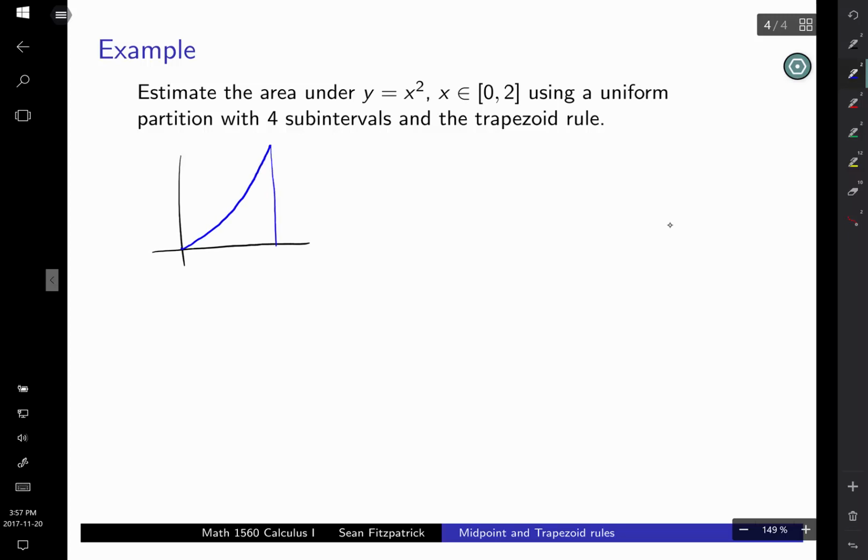Here's our graph. Here we're calculating actually this thing here, right? So when you have a trapezoid, your trapezoid looks something like this.